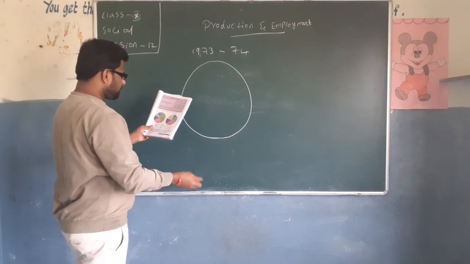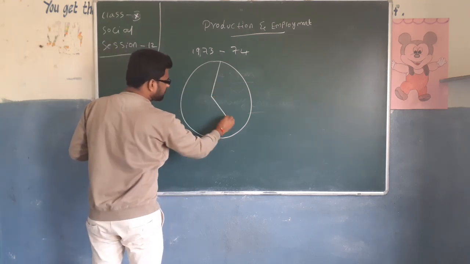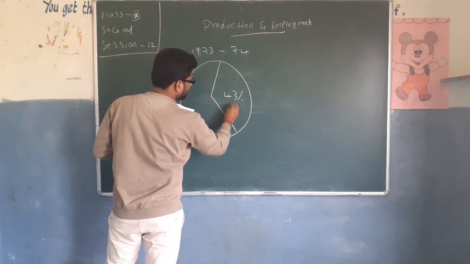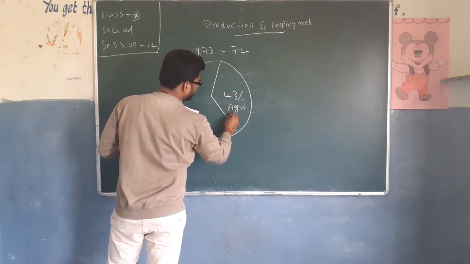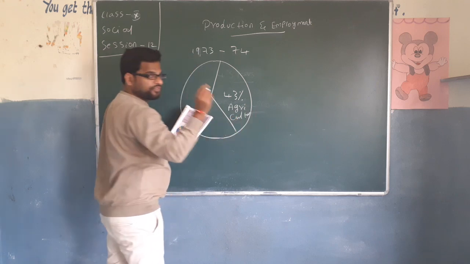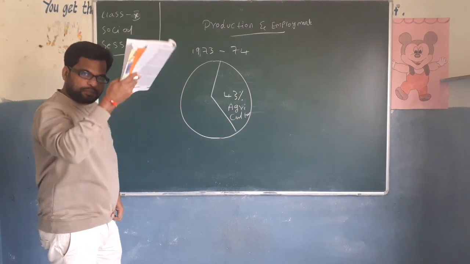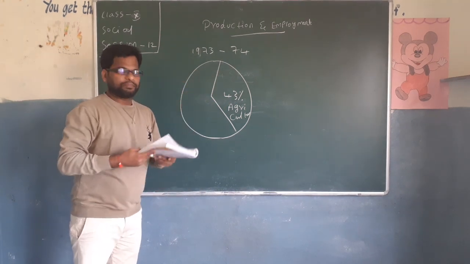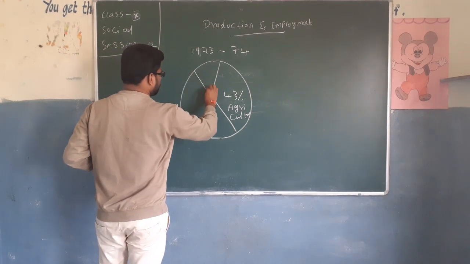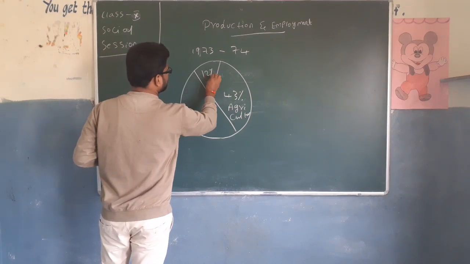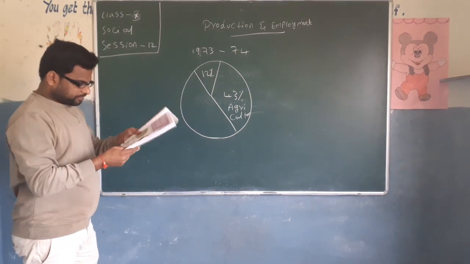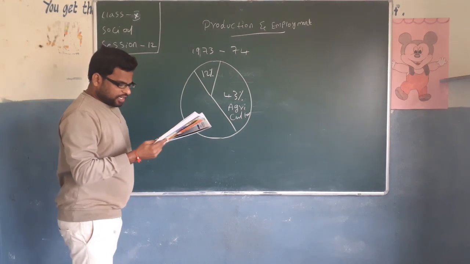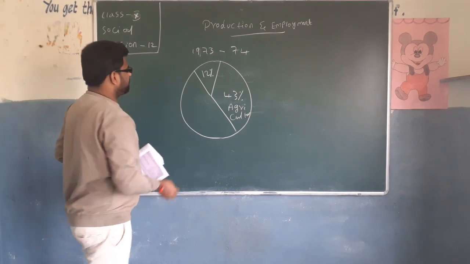Take 43%. This 43% is for agriculture. 43% of the GDP rate has gone up because of agriculture, because it gave that income. Next, 12% is for community, social and personal services.